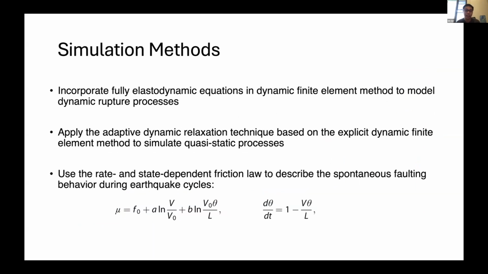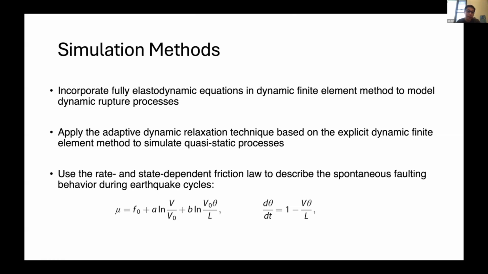Our idea is to push it to the fully elastodynamic level, which means for the earthquake rupture part, we want to simulate it using the complete equations of motion. And between the earthquakes, we try to simulate the quasi-static process as accurately as possible.